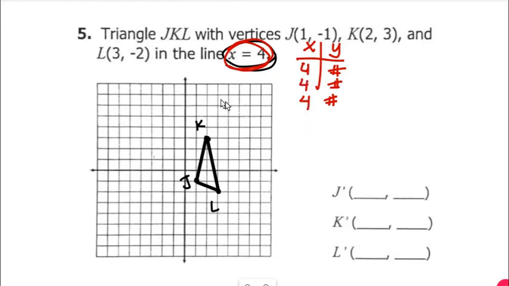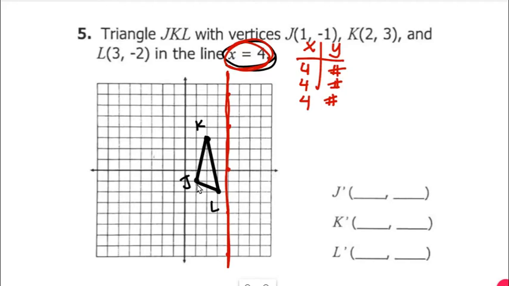If y was negative 4, x would be 4. If y was negative 8, x would be 4. And so what you end up with is a vertical line at x equals 4. And that's our line of reflection.